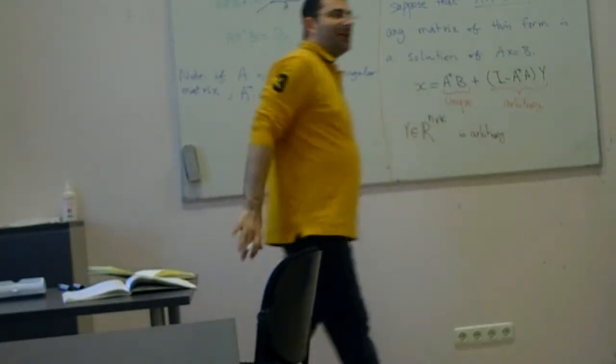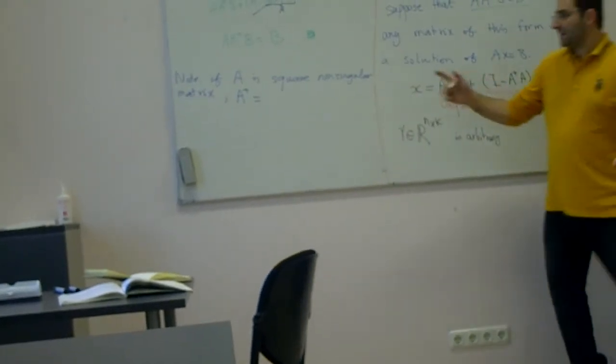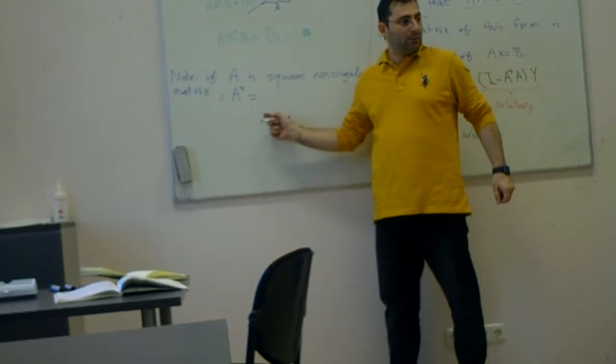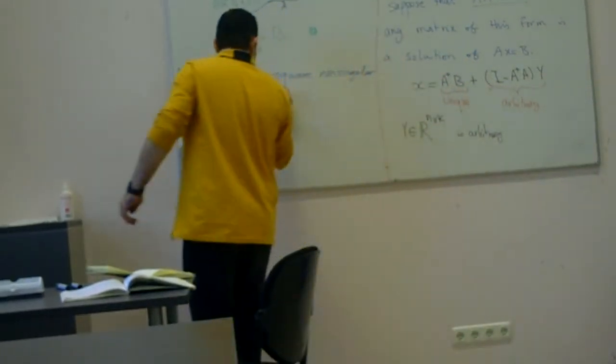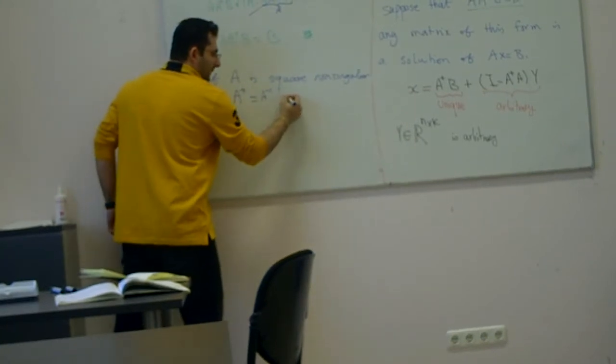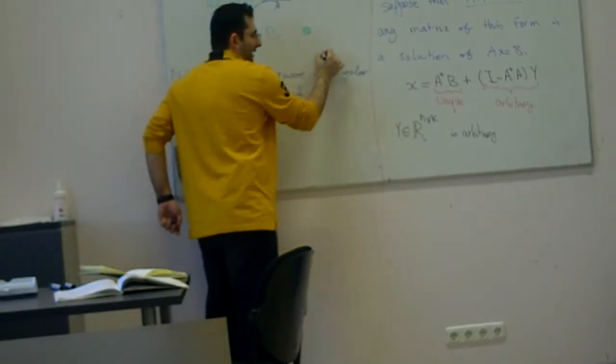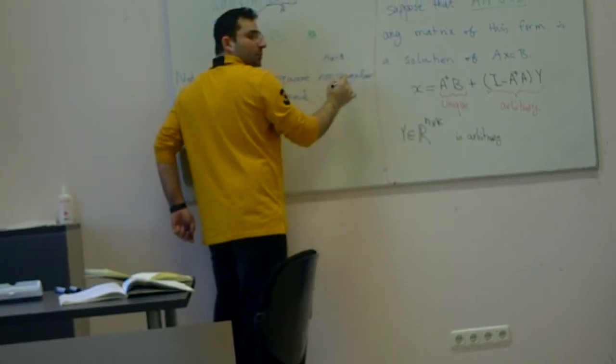If this is like a high school very nice friendly matrix, the pseudo inverse will be A inverse. And so the solution, we know that for Ax is equal to B, what is the solution in general?